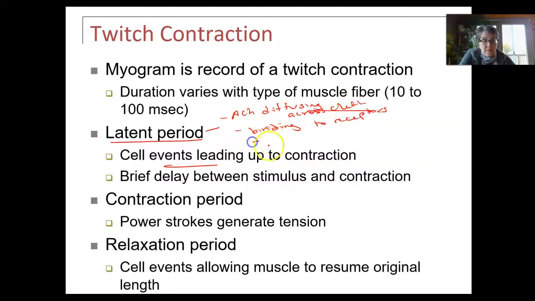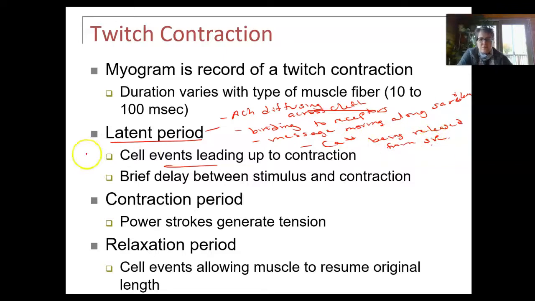I can say the message is going along the sarcolemma. And calcium is being released from the sarcoplasmic reticulum. All of that is happening during the latent period.